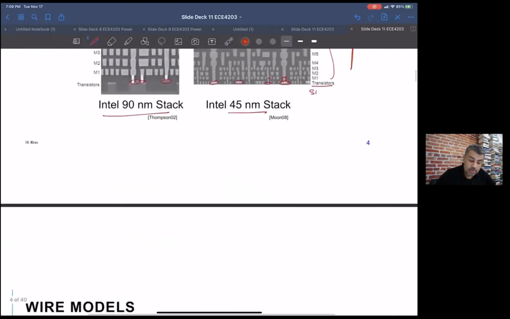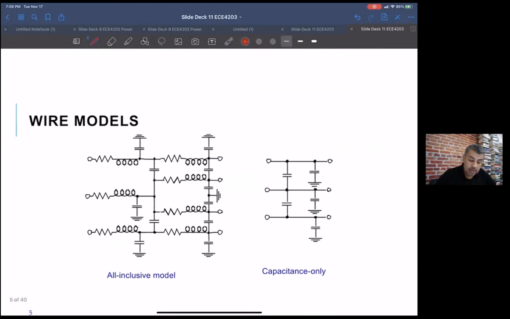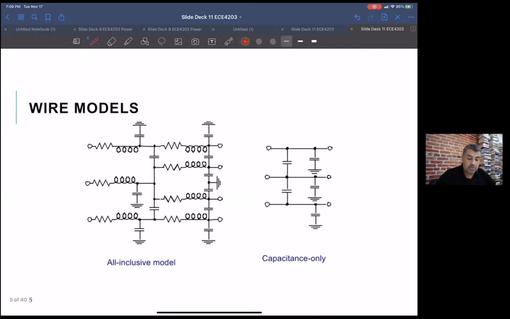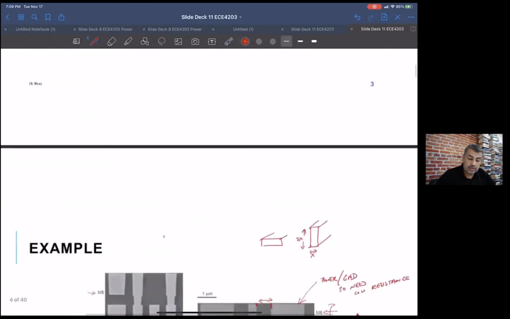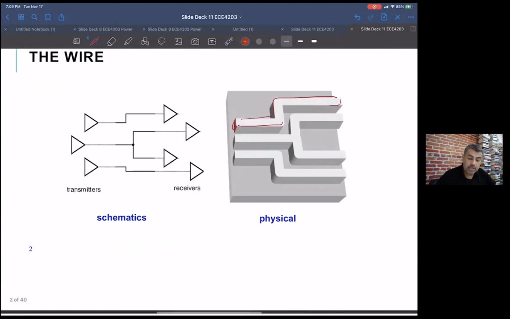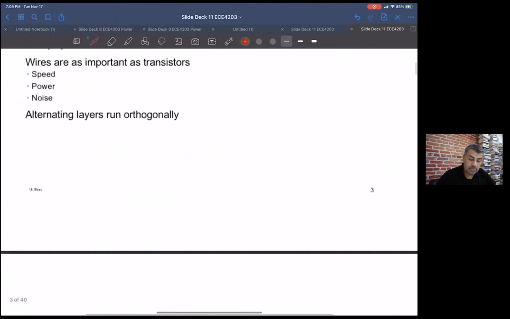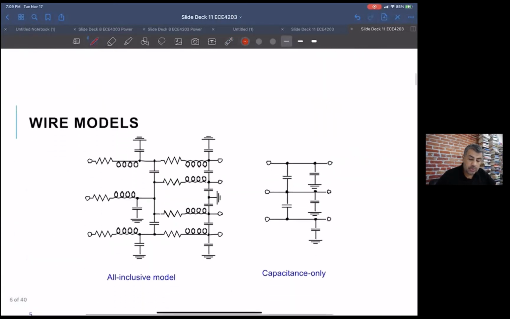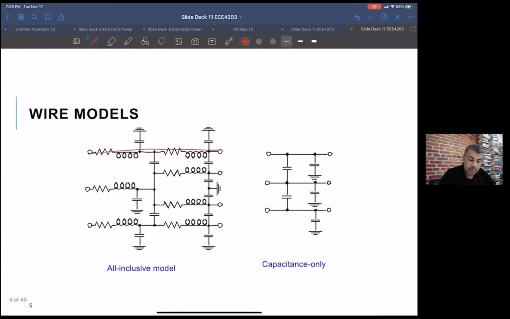Okay, so in terms of modeling wires, imagine you have these wires running next to each other. Imagine each one of these is one of those wires, and they're running next to each other.